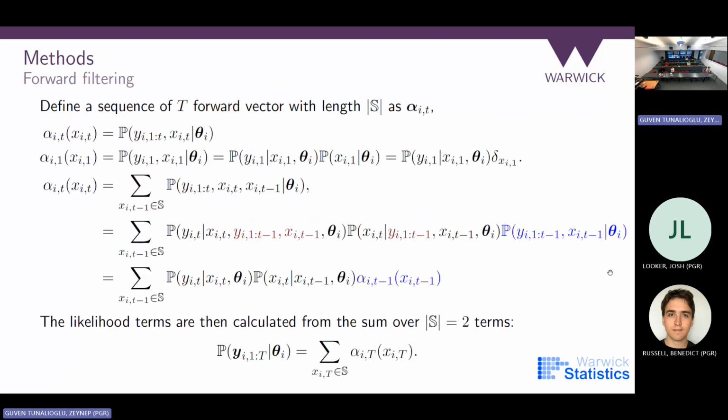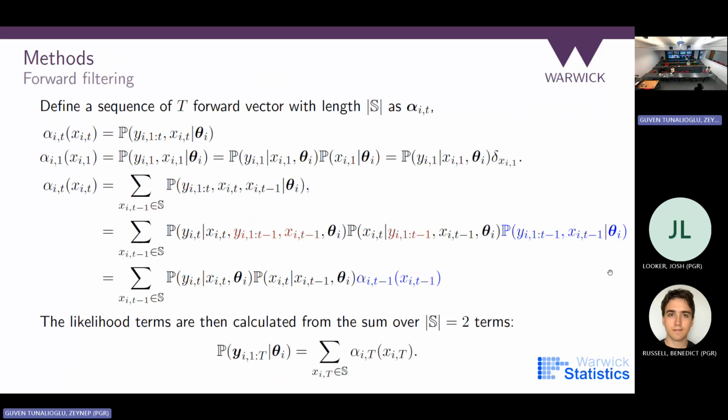I won't spend much time on some of this due to time, but what's going on is that if you look at the previous definition of the joint probability I mentioned, that's the first line right there. If you are considering the first time point, you can see that it's just the joint probability of your data sets at the first time point and the outbreak at the first time point, right?